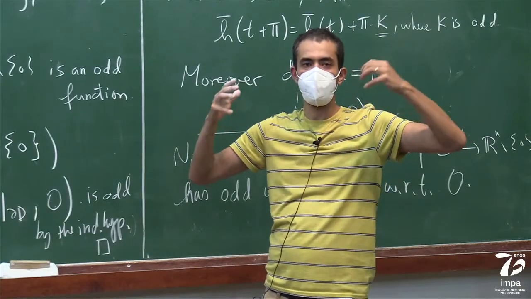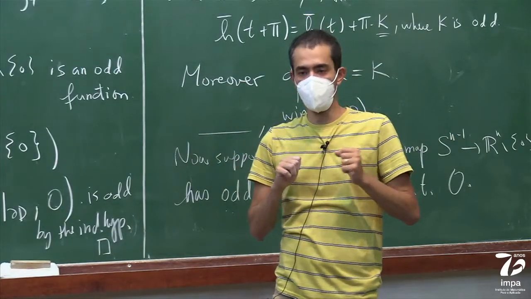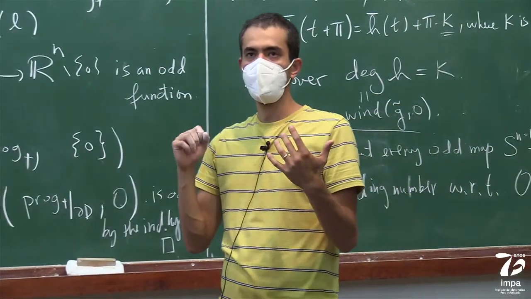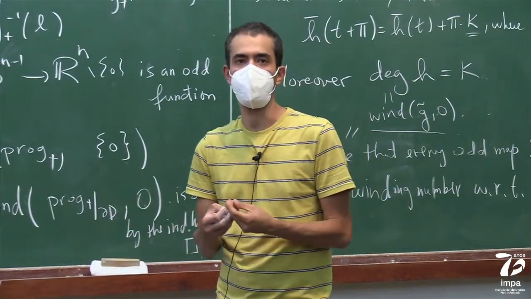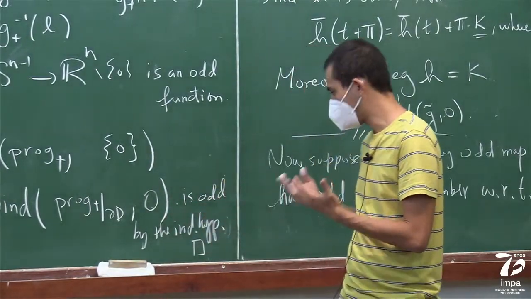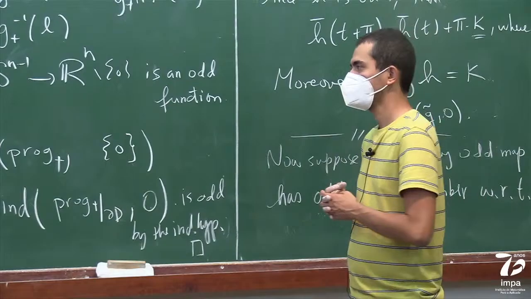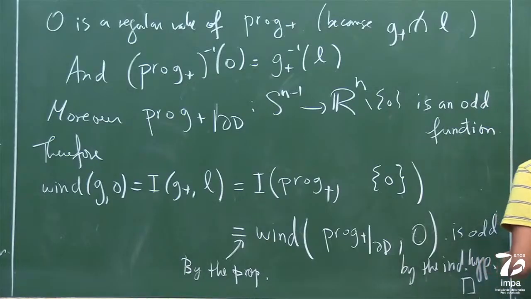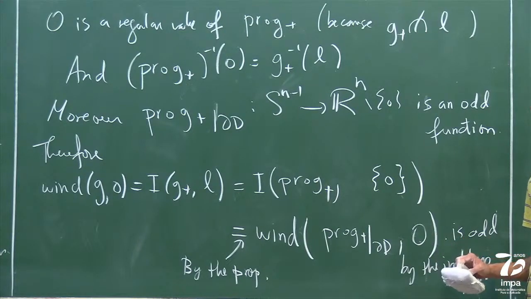And that's how you start. So you have an odd function from Sn to Rn that never hits 0. So then you cook up a contradiction. Okay? All right. And in particular, you prove that every odd function from Sn to Sn has an odd degree.